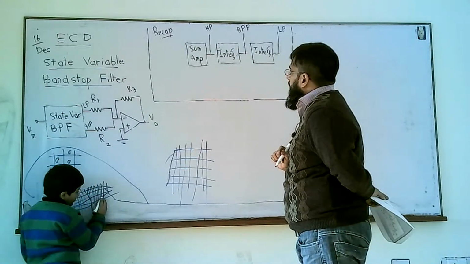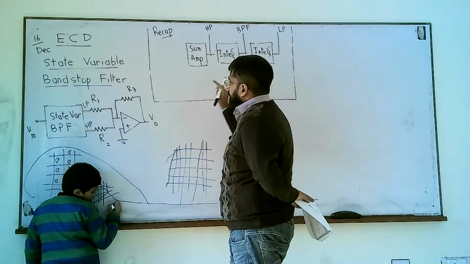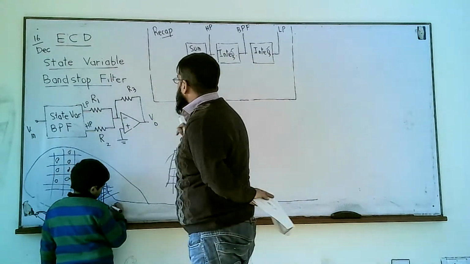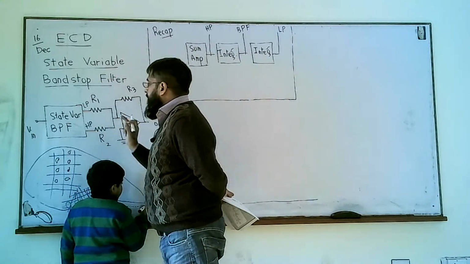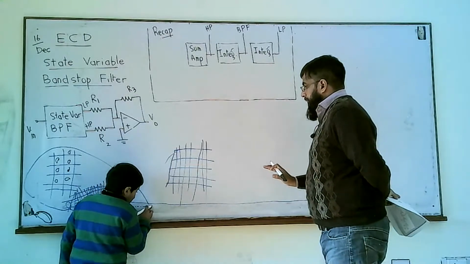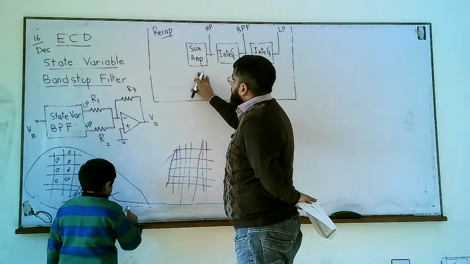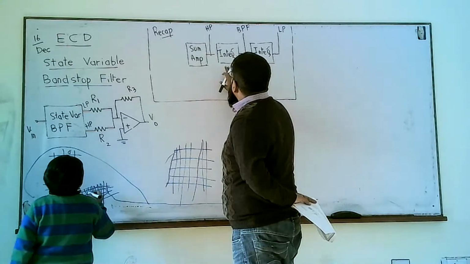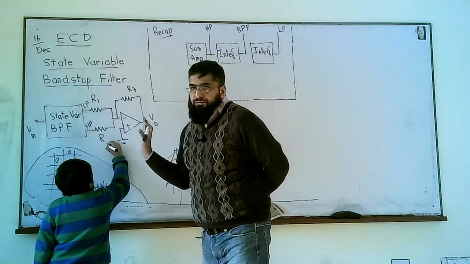So we'll implement this first, and that will complete our state variable filter. The circuit will then contain the summing amplifier, one op amp, second op amp, third op amp, and finally this fourth op amp.